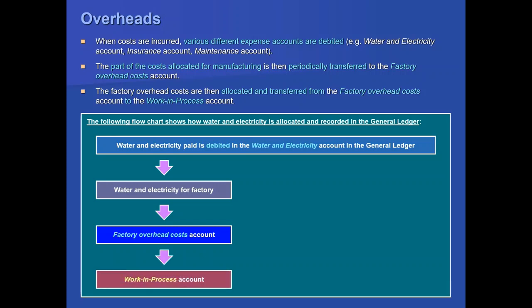Now that it's in the factory overhead cost account, on the debit side, we will credit the factory overhead cost account to get rid of it and debit our balance sheet account, the work in process account. So we went through the process from nominal account to cost account to asset account.